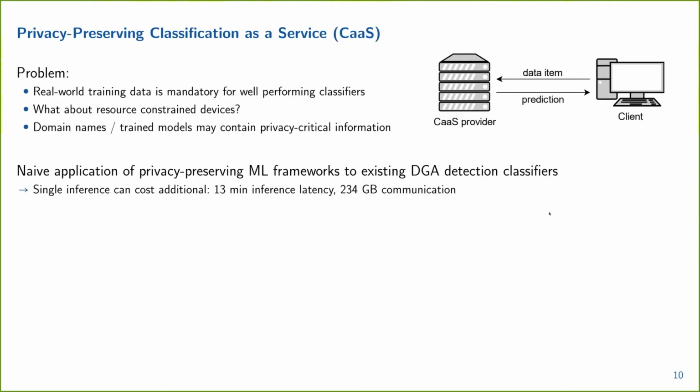Another thing we investigated in SAPPAN is privacy-preserving classification as a service. The reason for this is that for well-performing classifiers, real-world training data is mandatory, but this is not always available for everyone. And a second aspect would be if you would, for instance, like to do DGA detection on resource-constrained devices such as smartphones. And here the main idea is that we have a client that is the data owner, and he or she wants to get a prediction for a data item, a domain name in this case, and this is sent to the model owner.